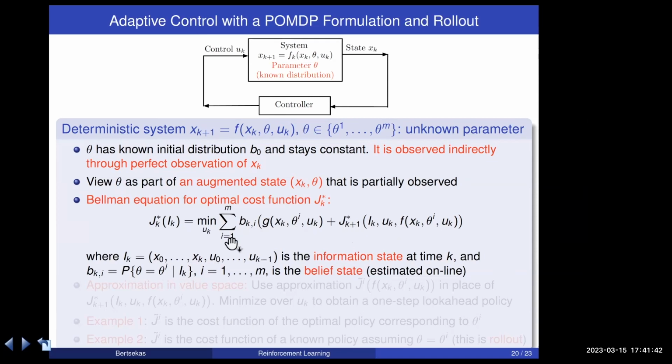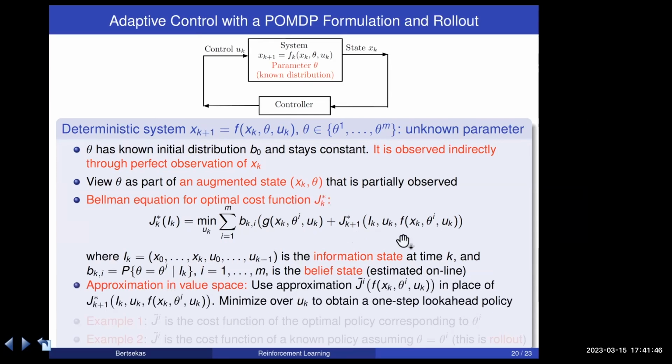And so we consider the possibility of approximation in value space, whereby this J star is replaced by some J tilde. You can use anything as J tilde, but the type of J tilde that is useful in this context is one whereby there's dependence on theta, and then there's dependence on the next state.